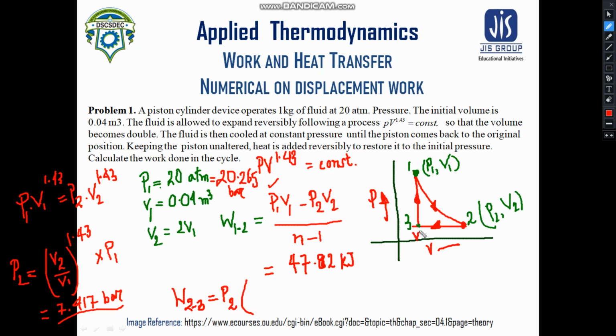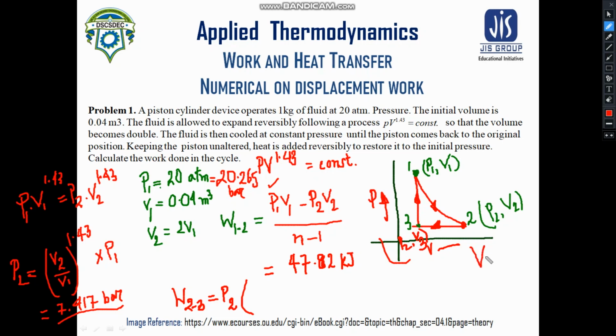So work done for process 2 to 3 will be pressure at state 2, and what will be the difference in volume. So let us just write down this state, so it will help you to understand. At state 3 the pressure remains the same, so it is P2 written over here, and the volume changes from V2 to V3, which is again the same as V1, because this is an isochoric process or a constant volume process, so the volume will be the same.